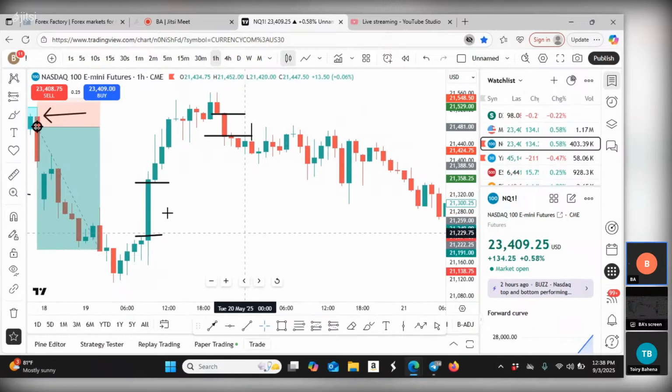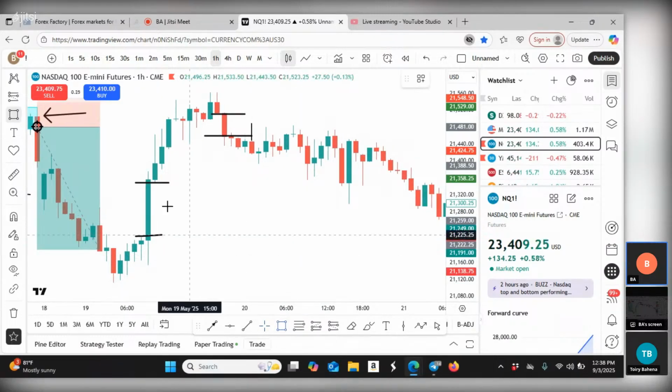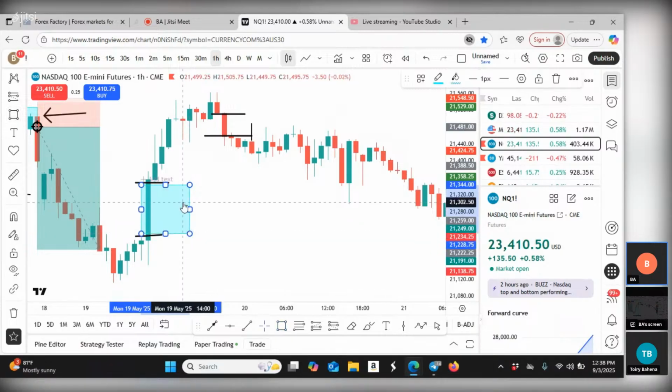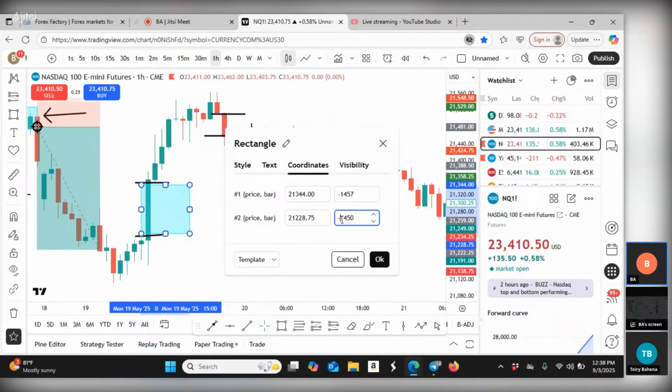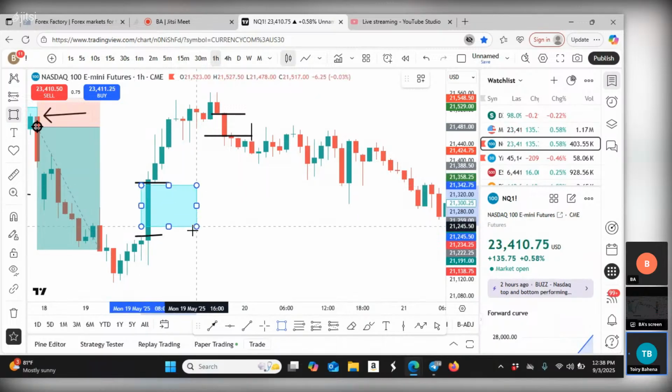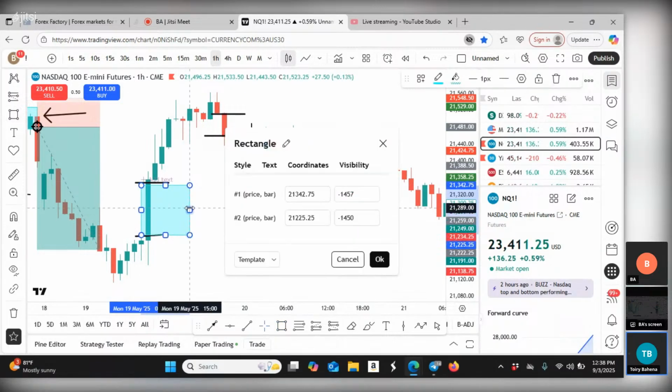And then look at that. Let me do it like this. Did it fill in our gap, or did it tap into it? Yeah, it filled into it. It tapped into it with those wicks.